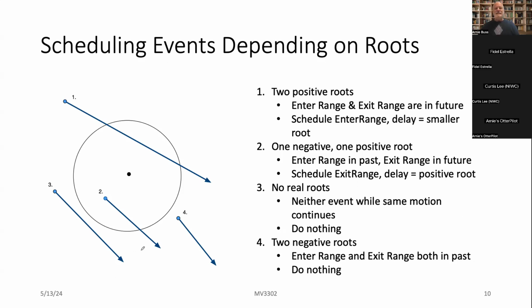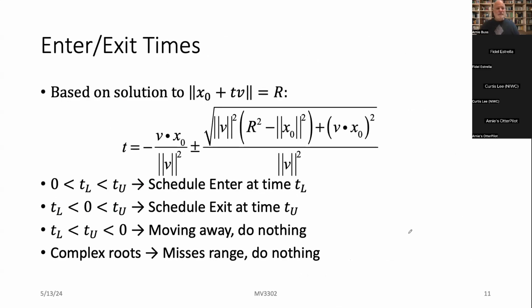doing that motion, then you don't have to do anything more. There's no more work to be done until something changes. So basically, based on the solution to this equation, we're typically going to have two roots.